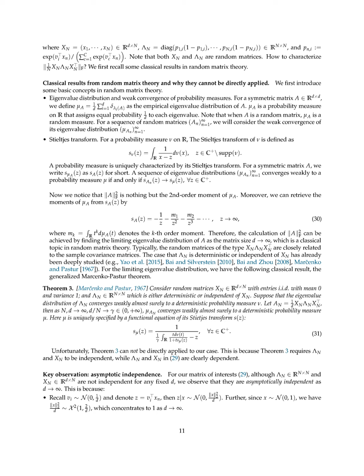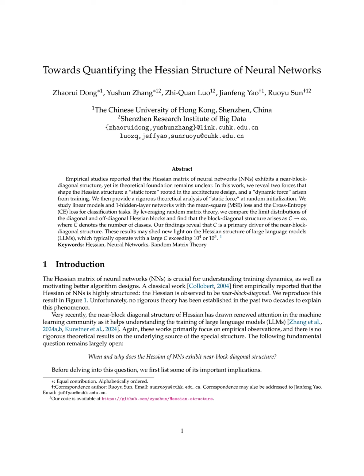Additionally, we apply the Lindeberg interpolation principle to handle the asymptotic independence of the random matrices involved, allowing us to rigorously characterize the limit distribution of the Hessian blocks. This systematic approach not only confirms the empirical observations, but also provides a solid theoretical foundation for understanding the Hessian structure in neural networks.